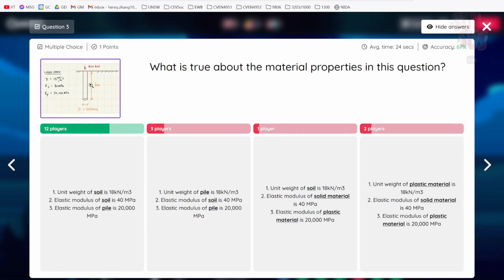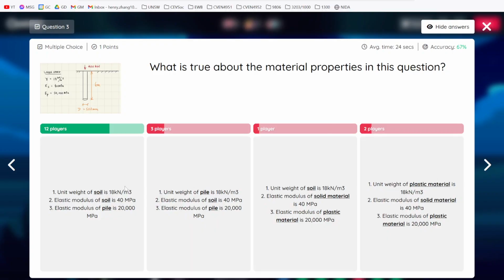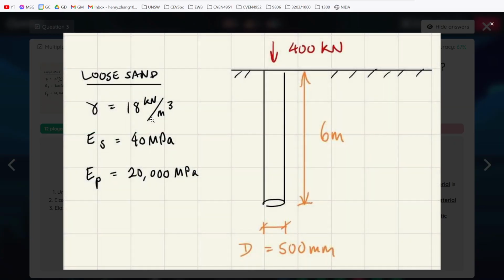All right, so for this question, let's zoom in on it. So we have this pile in loose sand, and we're given the material properties on the left here. It's just trying to get your head around what each of these material properties denotes. Gamma is the unit weight of soil. Whenever we see the unit weight, at least in this course, we only really care about the soil.